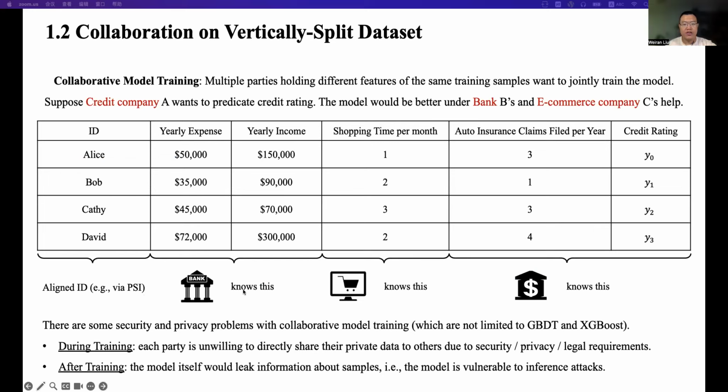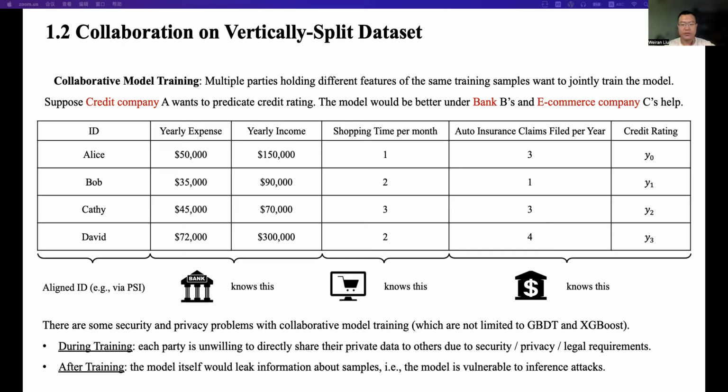Bank B knows their yearly expense and yearly income. E-commerce company C knows the shopping time per month. Credit company A knows auto insurance claims filed per year and their credit rating. If they can collaboratively do training, they would have a better model for predicting one's credit rating.